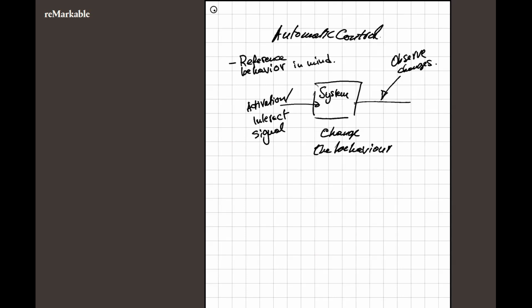Moreover, we want to maintain, for example, a certain temperature in the room. So we have in mind the behavior of a system that maintains a certain climate in the room. And we maintain the climate at a certain reference level by interacting with heating elements. We can either turn them on or turn them off.